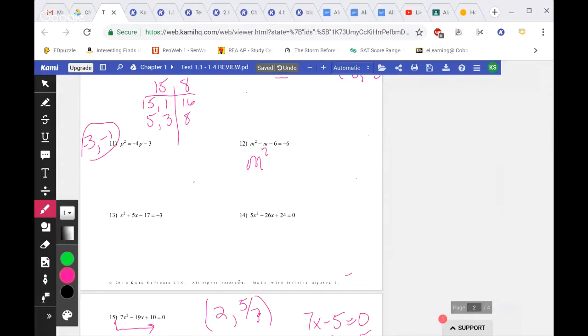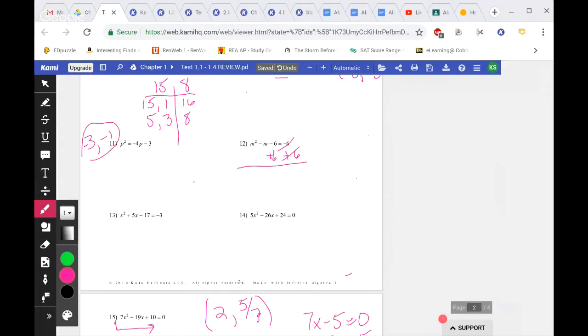On this next one, obviously, it's not quite in standard form, in that there's a -6 on the right side. So you would need to add 6 to both sides. I'm just going to show that because it looks weird when you do it and you're like, did I do that right?